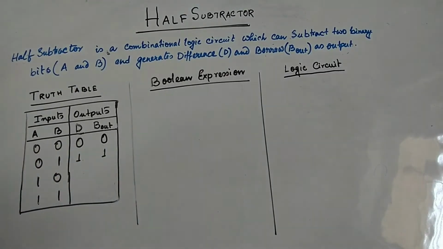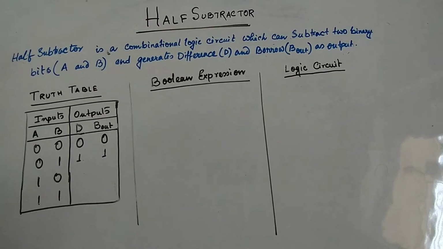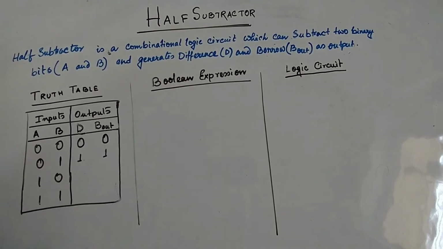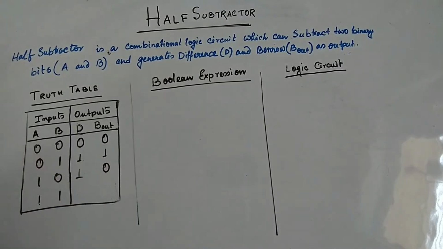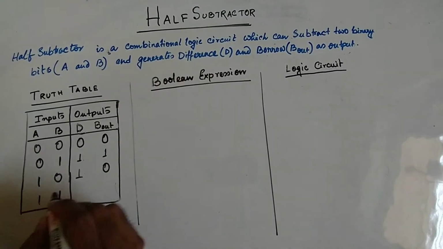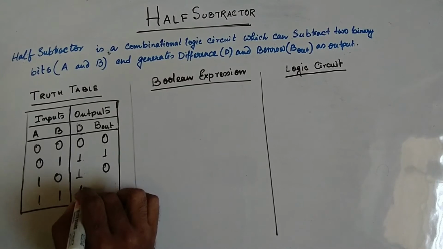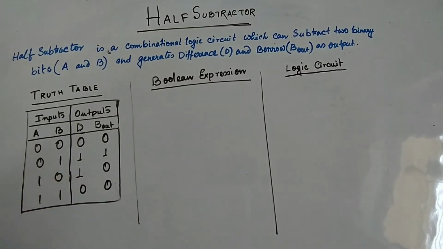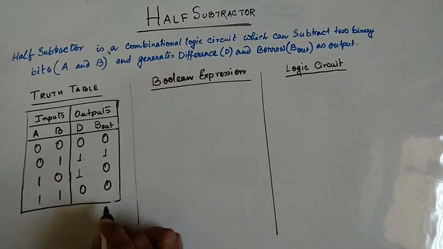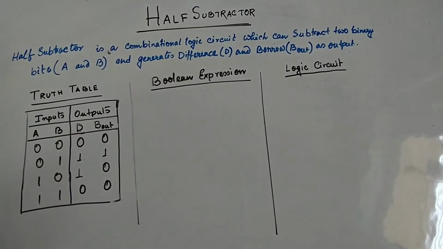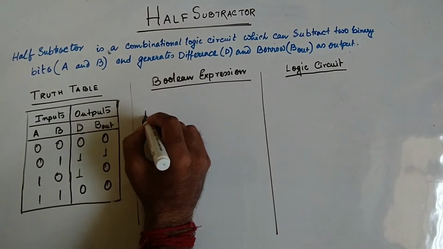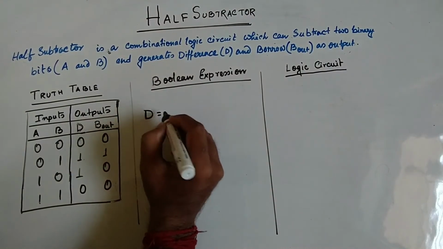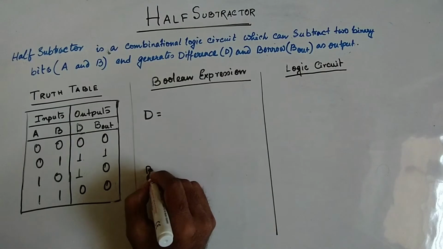When we are subtracting 1 with 0, we will get the difference as 1 and the borrow out will be 0. And when we are subtracting 1 with 1, the difference will be 0 and the borrow out will also be equal to 0.